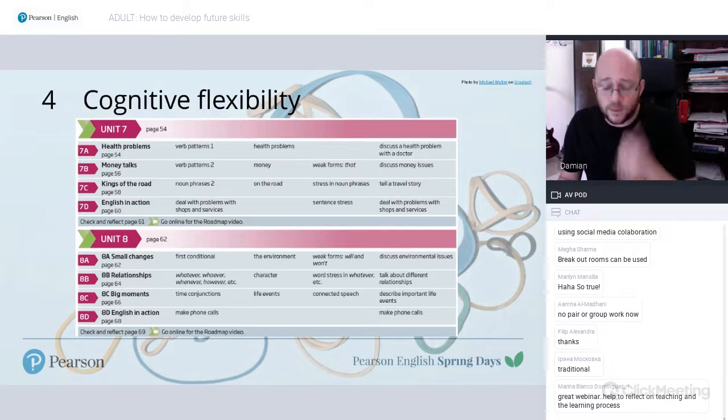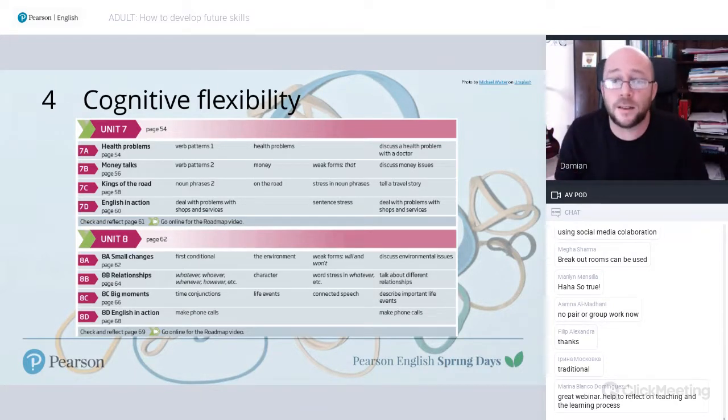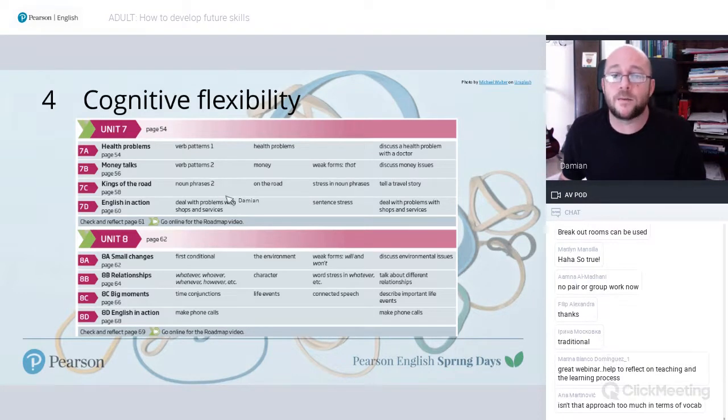So there's quite a bit of variety, and this is also helpful, hopefully building in this idea of cognitive flexibility. They're being asked to carry out different tasks from lesson to lesson and switching between these things. And with the building of language in this way as well, it's helping them to map that in different contexts, as it were.